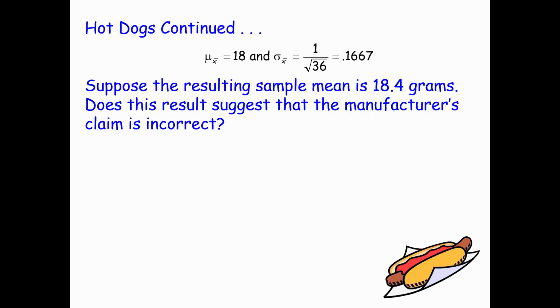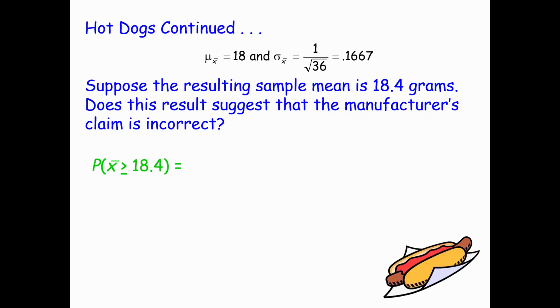Does this result suggest that the manufacturer's claim is correct? Remember, the claim was it has an average of 18 and a standard deviation of 1 gram, and of those 36 hot dogs, we found a mean of 18 and a standard deviation of 0.1667.